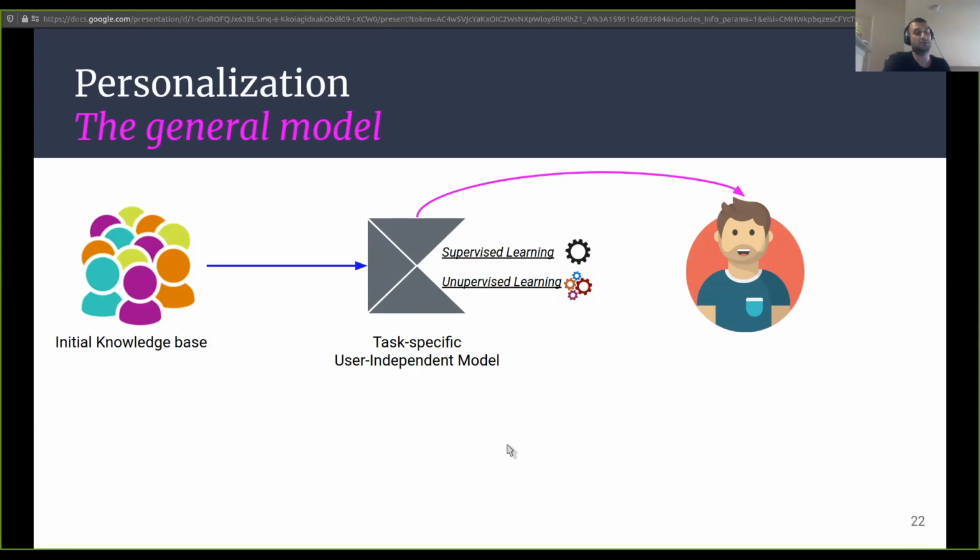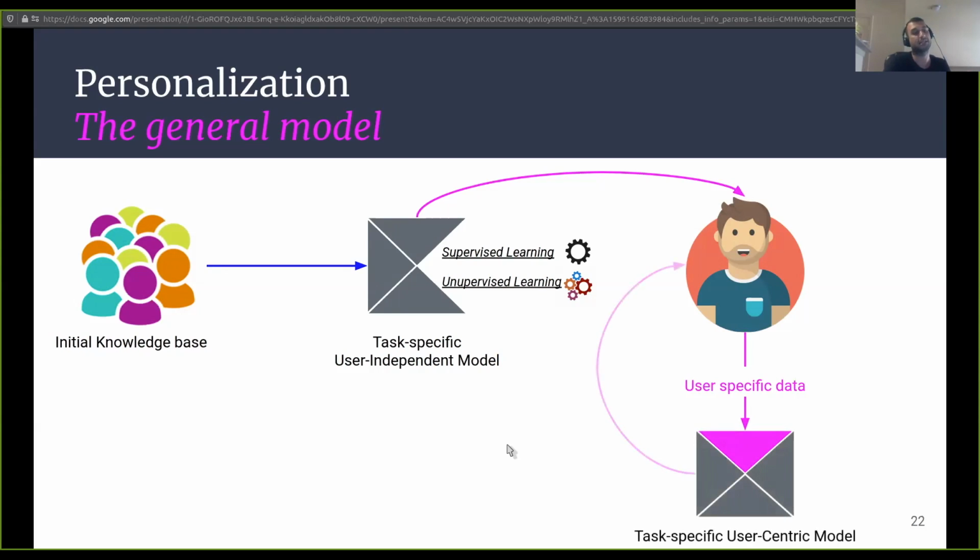However, when it comes to personalization, what we try to achieve is to collect more user-specific data, integrate it into the model that we already have, update the model, and gradually make it more tailored to the specific user's actions and performance. We don't want to overfit the model with users' data. We usually want to keep some of this generic knowledge there to make our model more robust, but the overall pipeline looks like that.